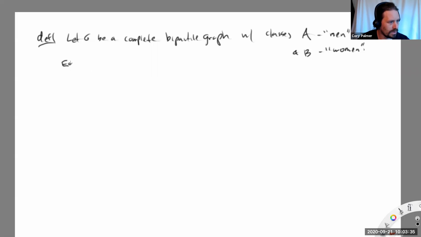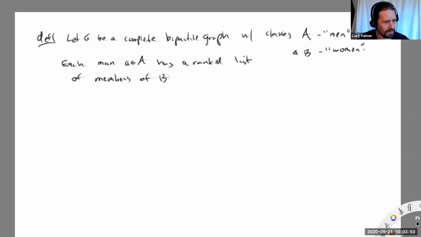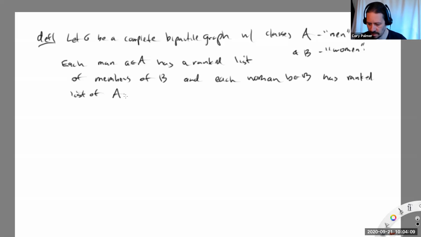So each man A in A has a ranked list of the members, the vertices of B. And each woman, B in B, has a ranked list of A. Okay, so each has this list of suitors ranked by preference.